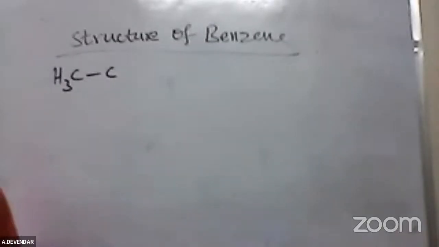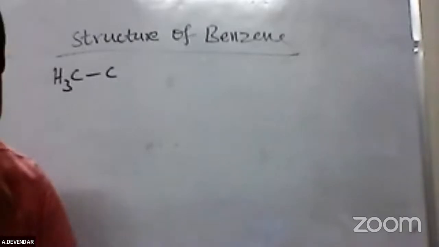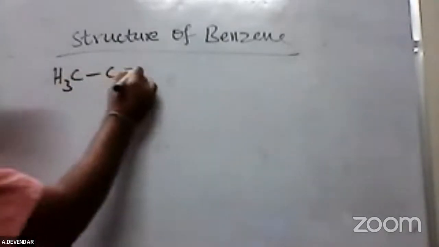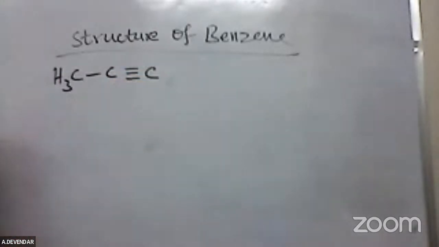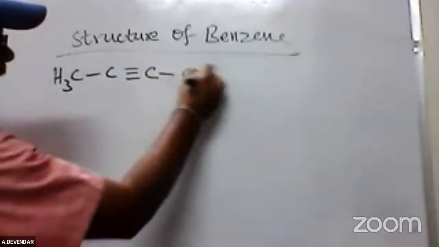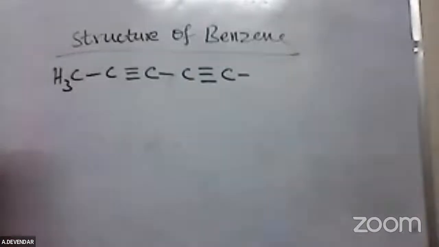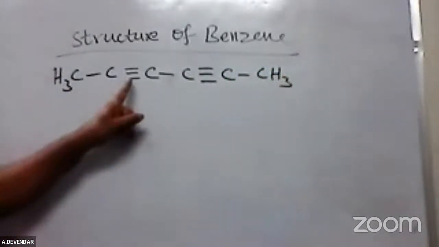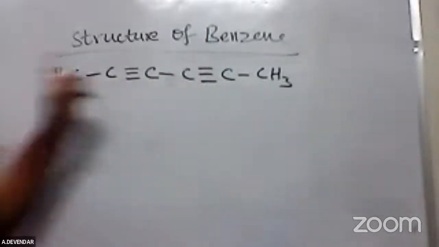In your book, your manual, you have the structure of benzene on page number 76. There are many structures there. This is one type of structure given by one scientist. There is a triple bond, and the remaining are single bonds.